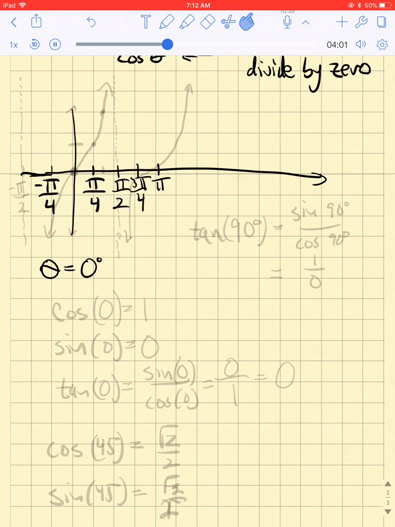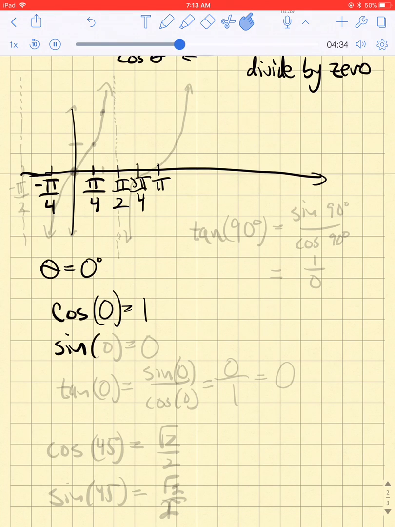So if tangent of theta is sine over cosine, then tangent of 0 is equal to sine of 0 over the cosine of 0, which would give us 0 divided by 1.